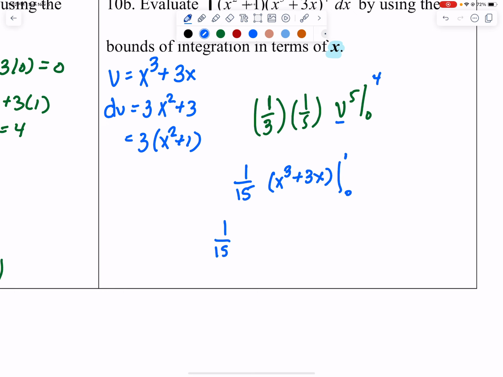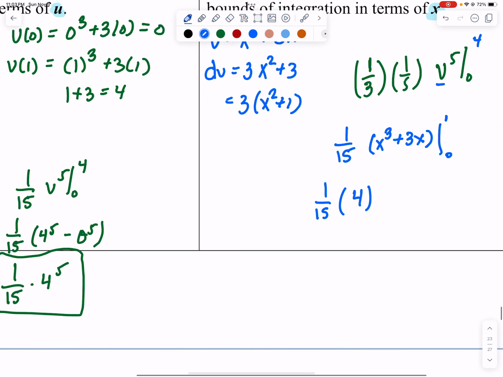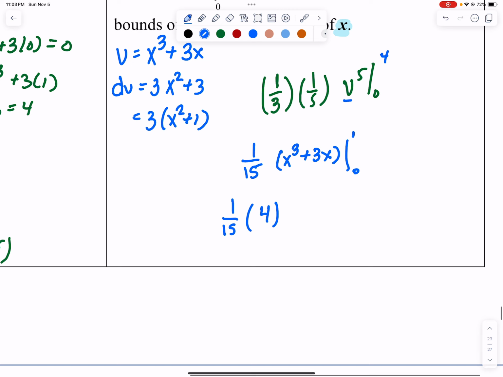So I'm going to have 1/15. 1 cubed is 1, plus 3 times 1 is 4. And then this is going to be 0 whenever we do 0 here. And that should be to the 5th, isn't it? So we're going to get 4 to the 5th over 15.